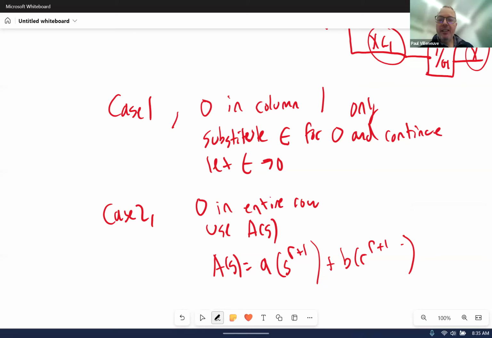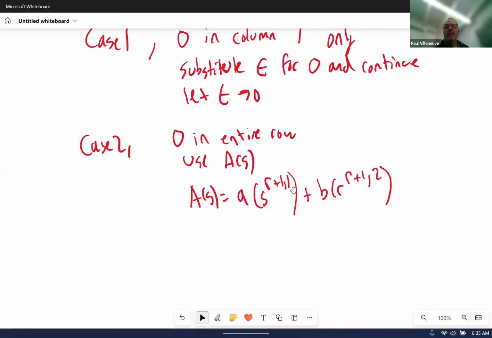This is where it gets a little bit weird. So this is row 1, and then I'll put the first column, and then the second column, and on and on until you get that. And then you take the derivative of A(s) to find your coefficients for your entire row of zeros.